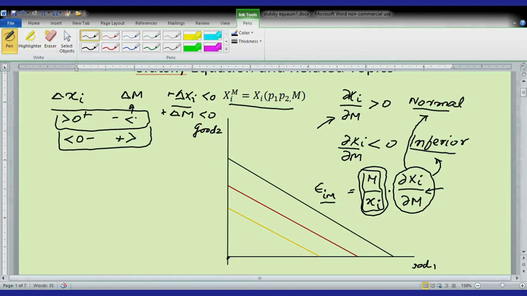On the other hand, this derivative will be greater than 0 if the good is a normal good, and income elasticity of the good then will be greater than 0. So this is another way of looking into the classification of normal and inferior good. Normal goods will have positive or non-negative income elasticity, and inferior goods will have negative income elasticities. So this is the first classification that we were interested in.